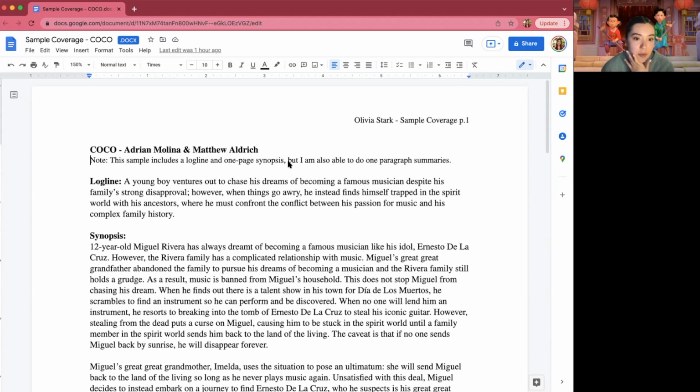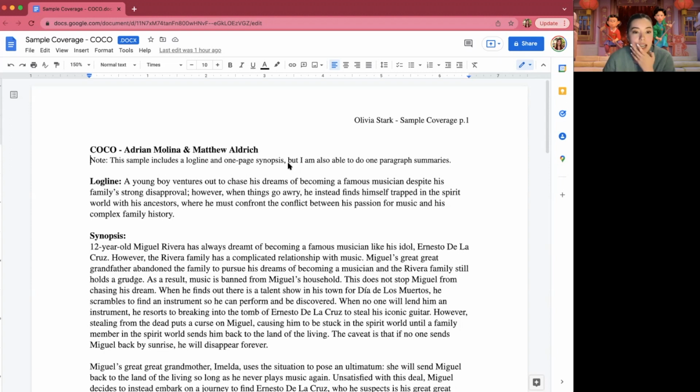So for Coco, a young boy ventures out to chase his dreams of becoming a famous musician despite his family's strong disapproval. However, when things go awry, he instead finds himself trapped in the spirit world with his ancestors, where he must confront the conflict between his passion for music and his complex family history. So that's just the basics of what Coco is about.